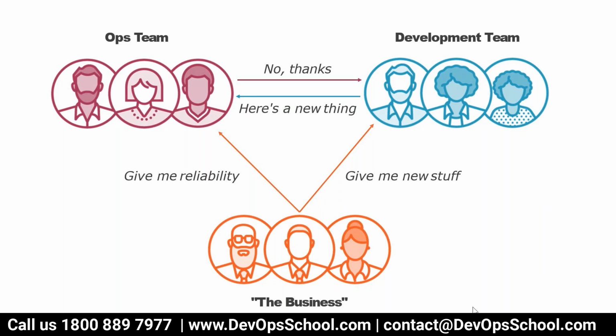The ops team, in order to give reliability, avoids changes and new things, and the development team is supposed to always give new code and new features. When integration comes, the ops team says, no thanks, I don't want new things, but the development team says you have to give new things because the business team is demanding. So this is the conflict of interest, I mean, of objectives.